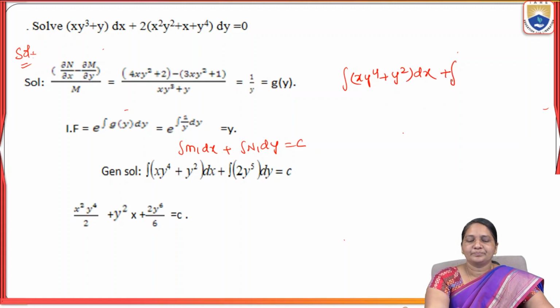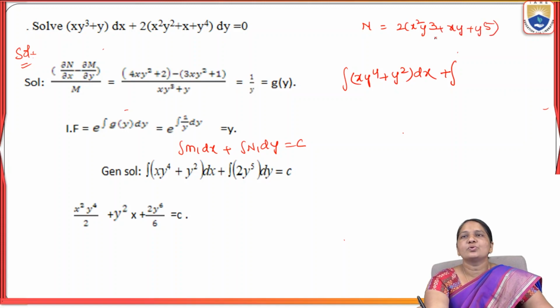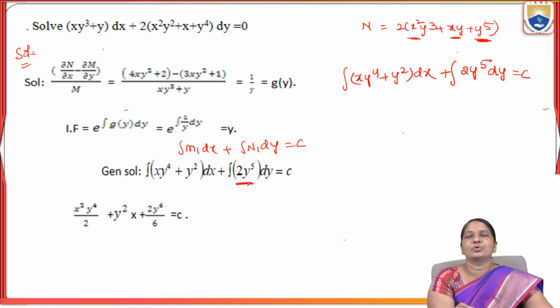Plus the integral of N1, which is 2x²y³ + xy + y⁵. Here we should take only the y terms. xy is there, and in the last term the y term is there, so we take 2y⁵ dy = c. We take 2y⁵ because that is what the formula gives; we should take only y terms.